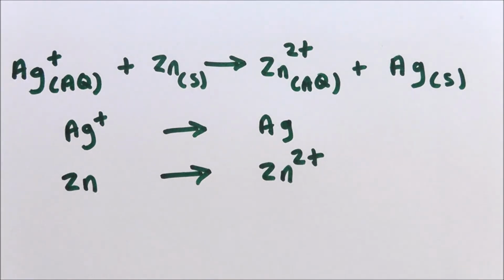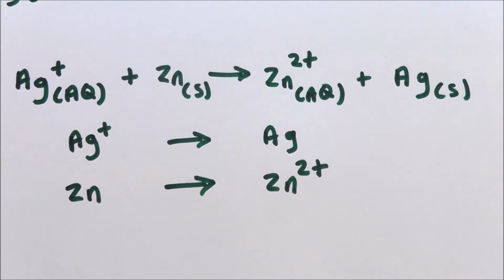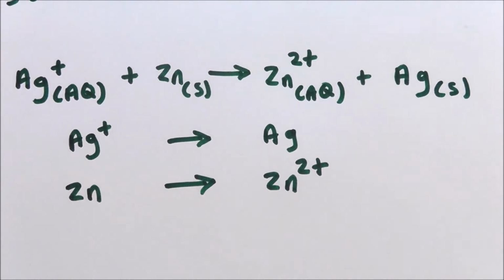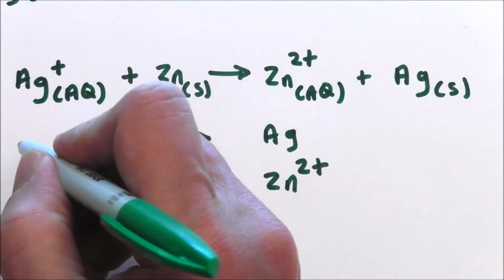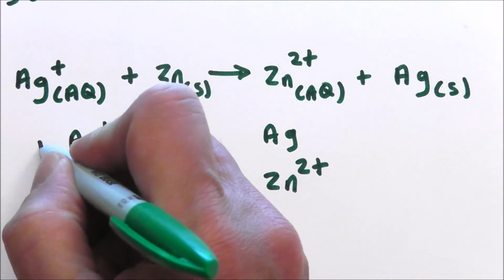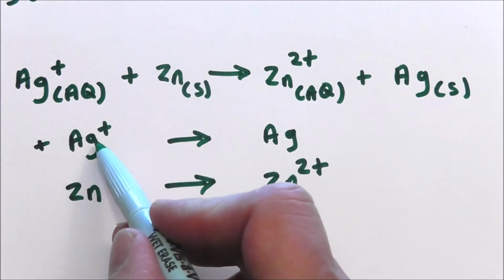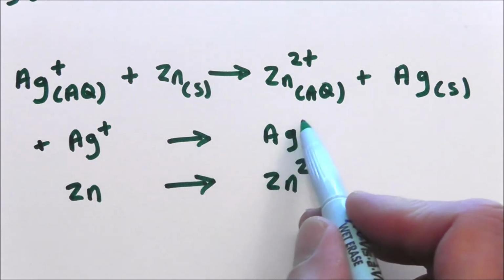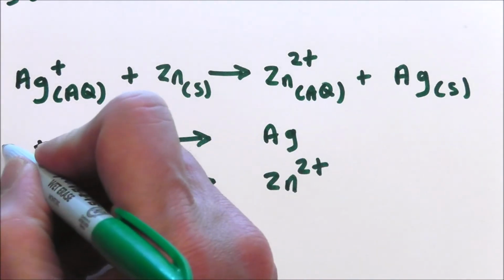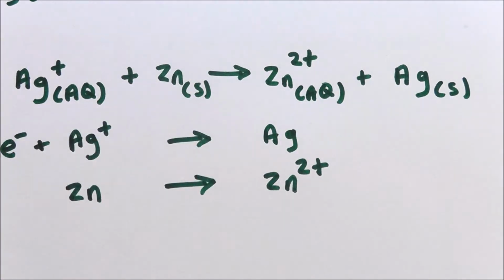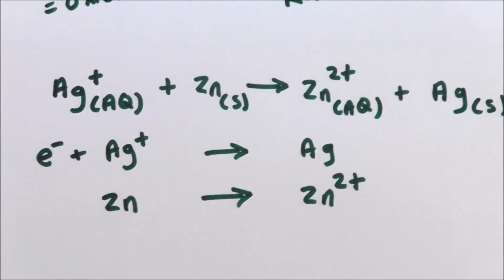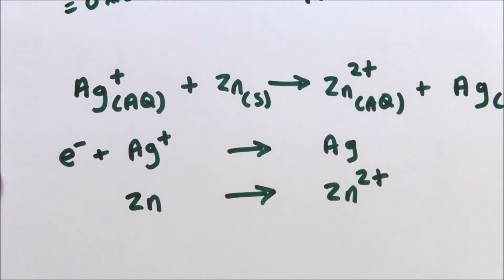And then we're going to balance these with electrons. So what I need to do is notice that there's on the left a positive charge of 1 and a 0 charge on the right, so there needs to be an electron on the left in order to balance that half reaction.